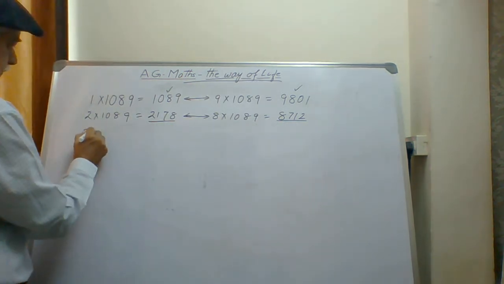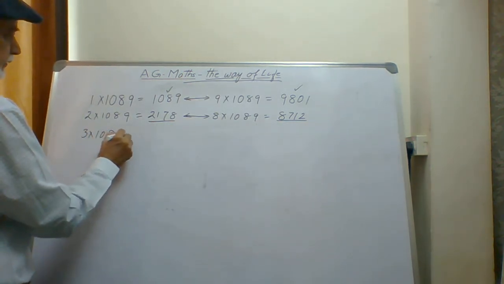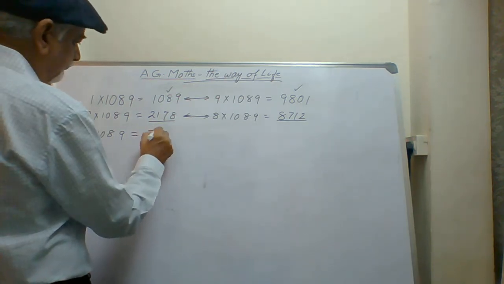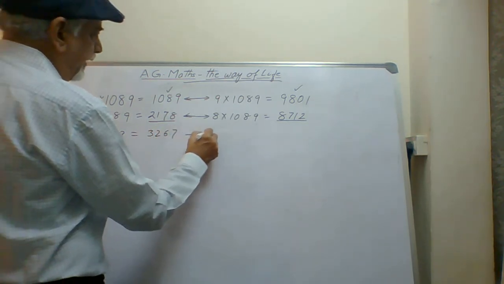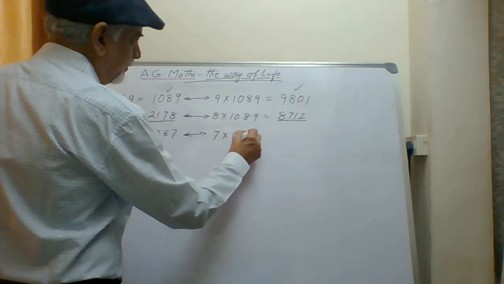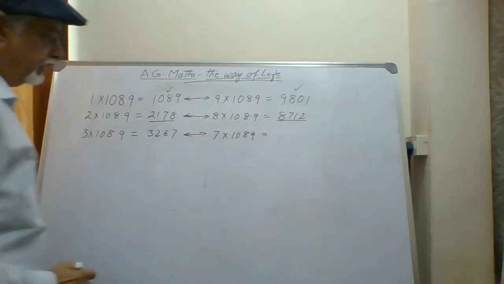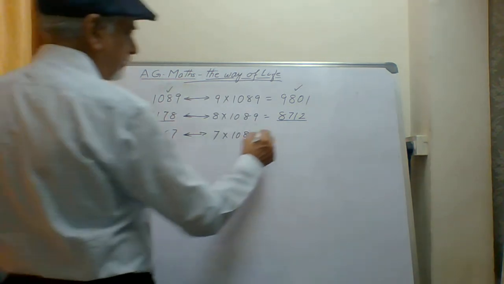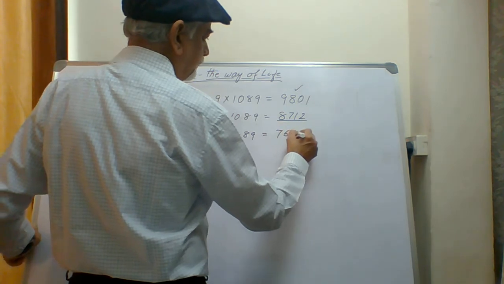Now 3 times 1089 is 3267. And when I write 7 times 1089, that will give me the reverse of this. The order is 7623.